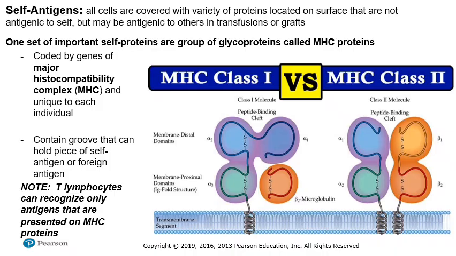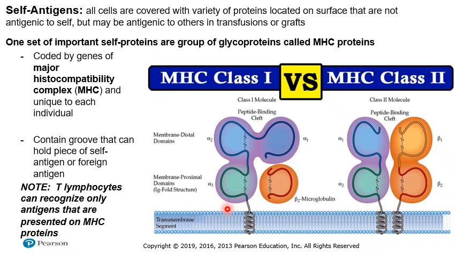One set of important self proteins is actually a group of glycoproteins, which you call the MHC. MHC stands for major histocompatibility complex, class 1 and 2. So, there are two types of major histocompatibility complex.